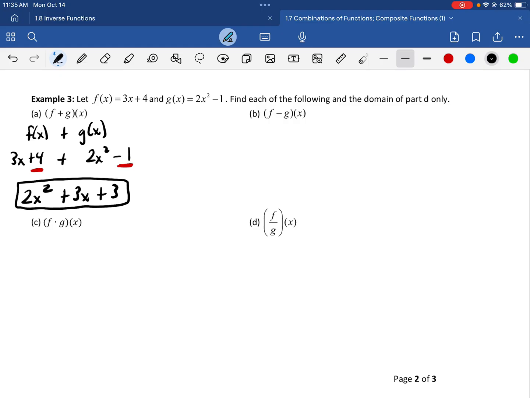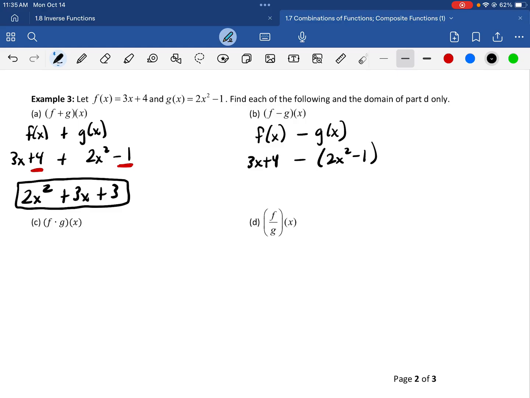Next one, B. Again, this notation means f of x minus g of x. So we're going to have 3x plus 4 minus, now I will caution you when you're doing these subtraction ones, especially with these expressions, put that second expression in parentheses, all right?